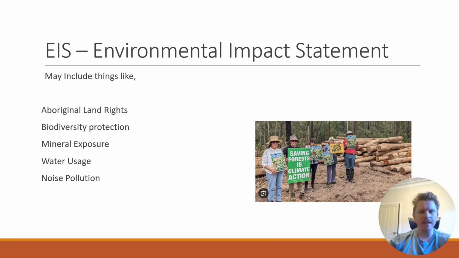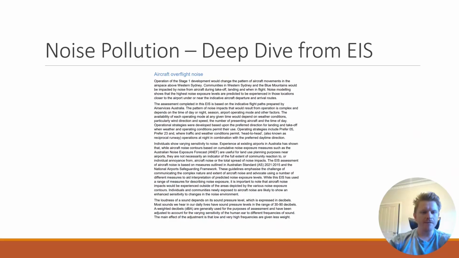These reports investigate a wide range of factors, including biodiversity, Aboriginal cultural heritage, soil conditions, air quality, noise pollution, etc. All of these studies increase project complexity, increase planning time, and significantly expand the scope of the project compared to earlier airport proposals.